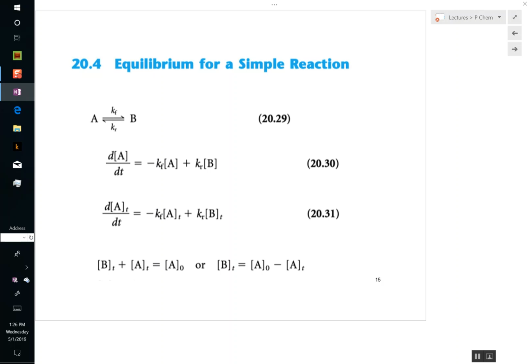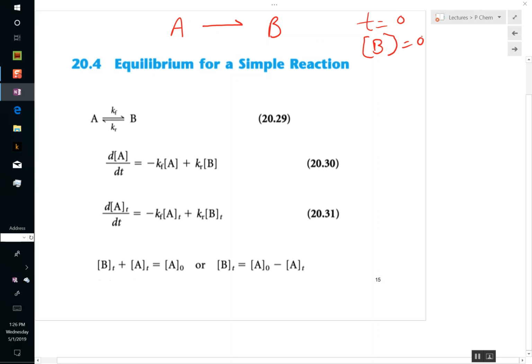But if we started looking at equilibrium, at the start of a reaction like this, A goes to B, there's no B. Initially, at T equals 0, B equals 0. So there's really no reverse going on initially. You have A going to B.